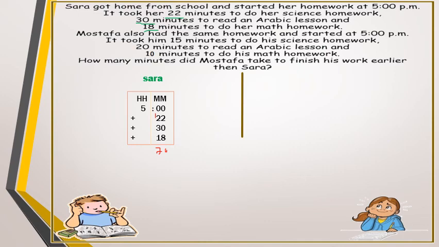Can I have 70 minutes? Can I have more than an hour in minutes? No, I can't. So what I'm going to do, I will take 60 minutes from this and add 1 hour to the hours, because this means 1 hour. So I will carry up 1 more hour, and this 70 will be only 10 minutes.